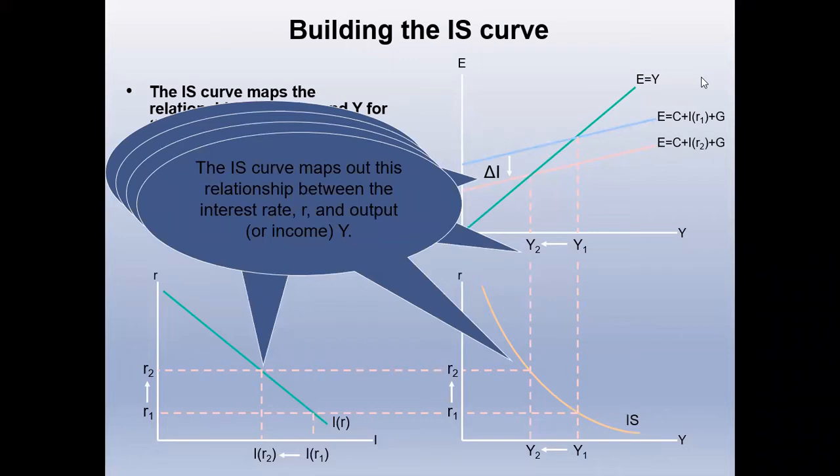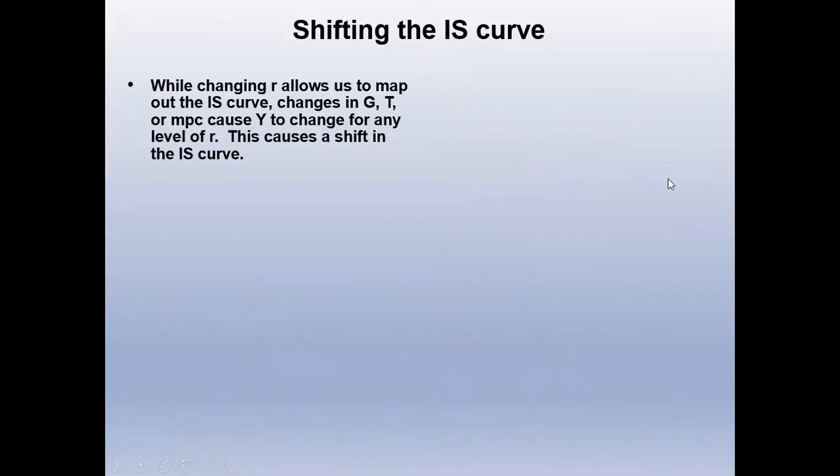I think this is a very interesting relation where we trace the relation via the decrease of investment, and how this affected the total expenditure and how this will reflect on the output. And this is usually what we ask you to do to derive the IS curve. Okay, so this is basically shifting the IS curve.